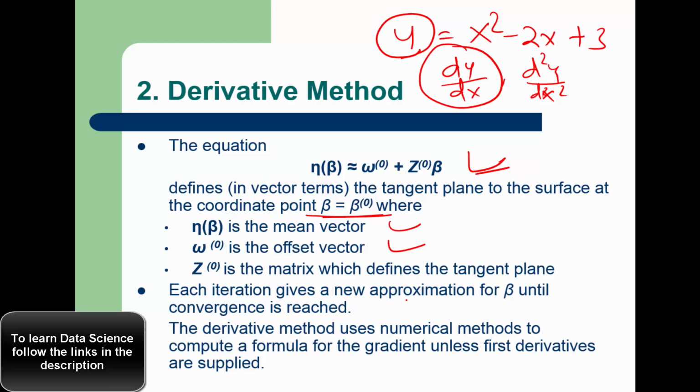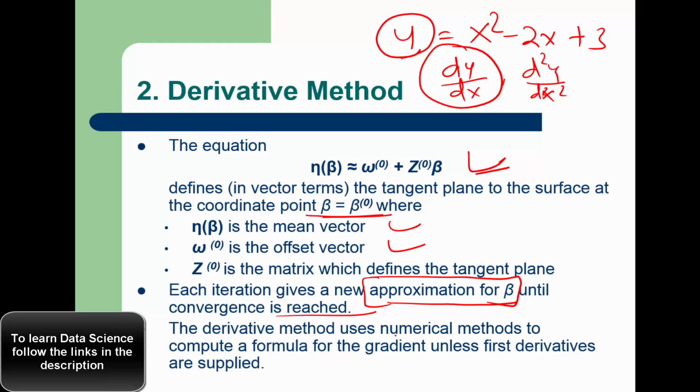Each iteration gives us a new approximation of beta until convergence is reached. Pretty much like the last procedure, we are approximating the value of beta, which changes in every iteration, and you get the converged value after a few iterations, depending on at what point you get the optimal value.